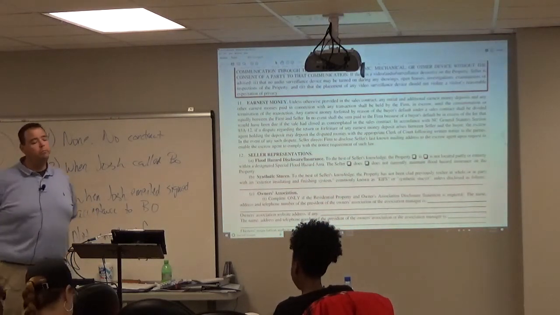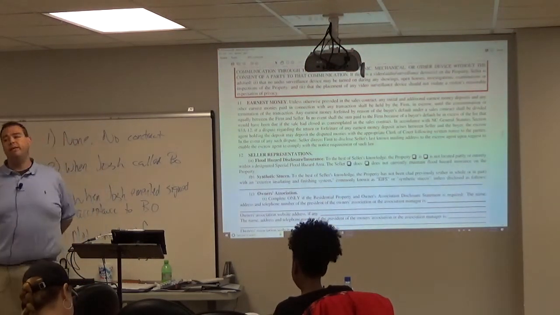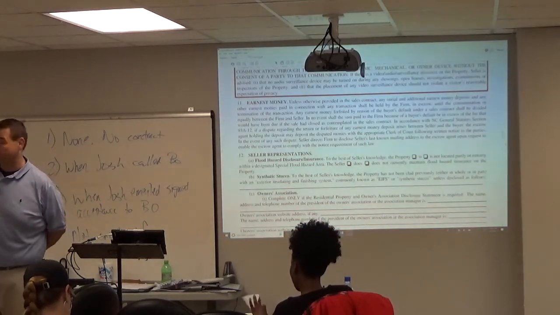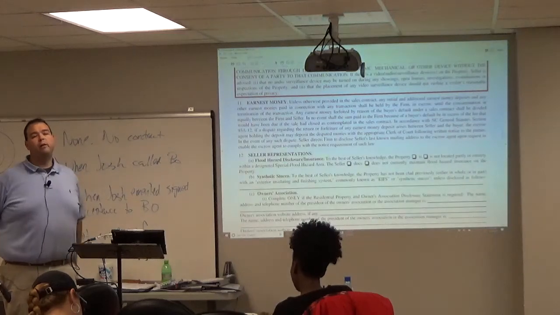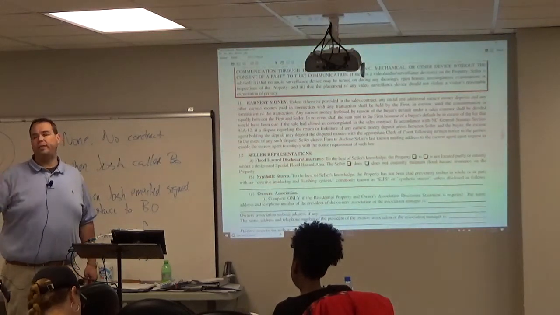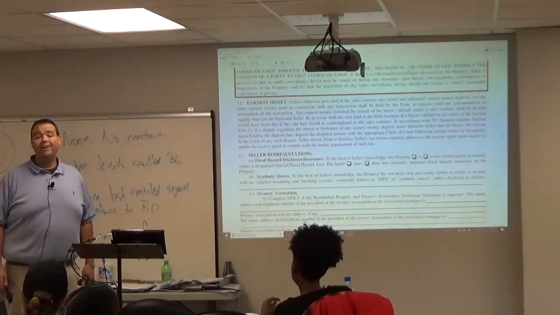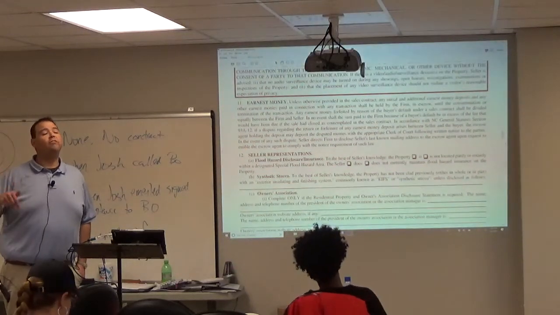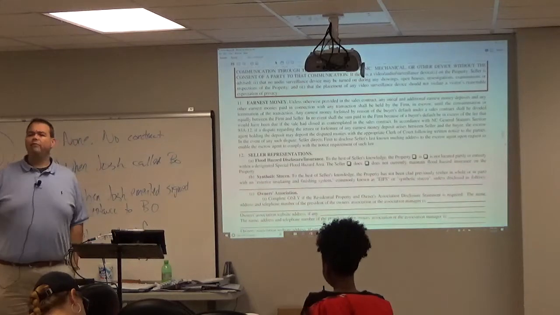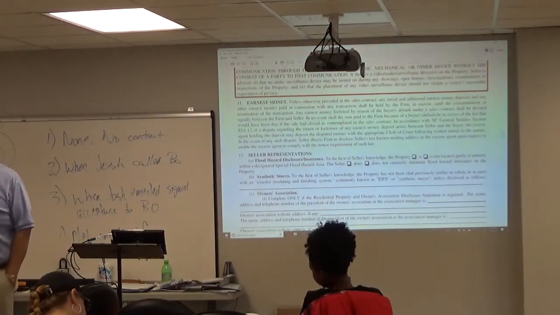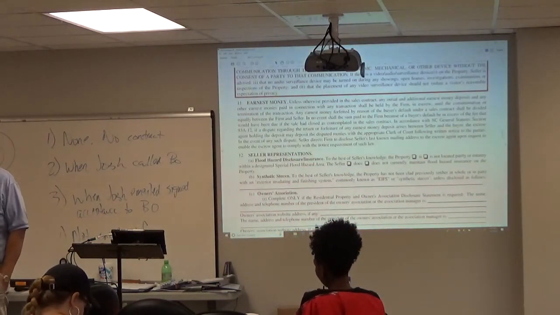So an earnest money deposit is usually something that's going to be placed by the buyer and held in escrow or in trust. And if you read about the earnest money here, I'm going to go ahead and tell you, the most likely place an earnest money deposit is going to be held is in the trust account of the listing firm. Because if you think about it, if you're the seller, who would you want holding the earnest money deposit?